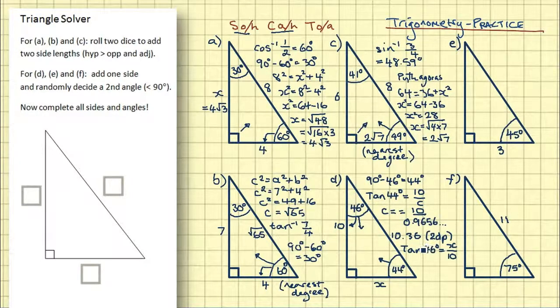So again, if I rearrange this a little bit, multiply both sides by 10, divide both sides by tan of 46, I'm going to have x equals 10 divided by tan of 46.